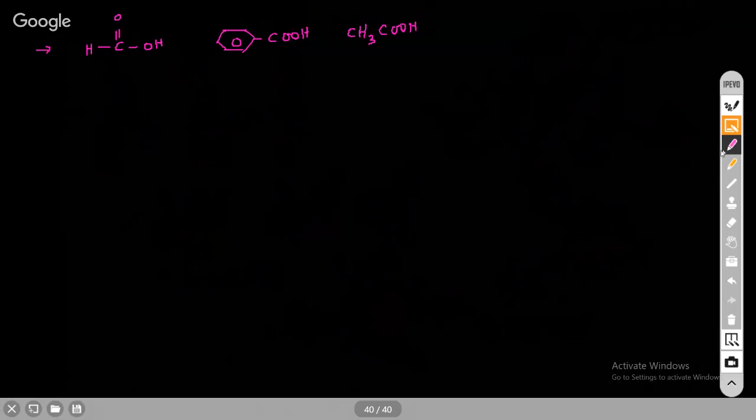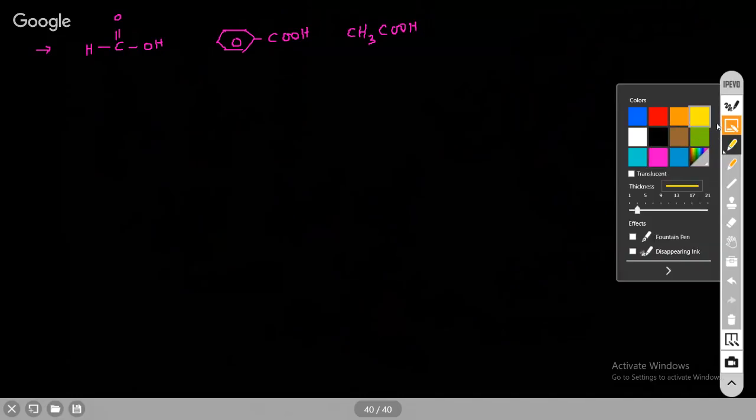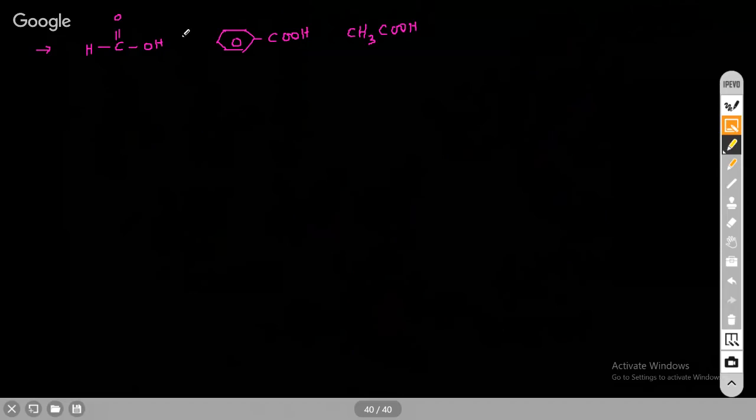You see here, the answer is this. One is maximum, then we have this, and then we have this. This is the answer. The reason is what? In this compound, we have equal resonance. I'm talking about the conjugate base of this compound. The conjugate base of this compound will have equal resonance, and that's why that conjugate base is most stable.